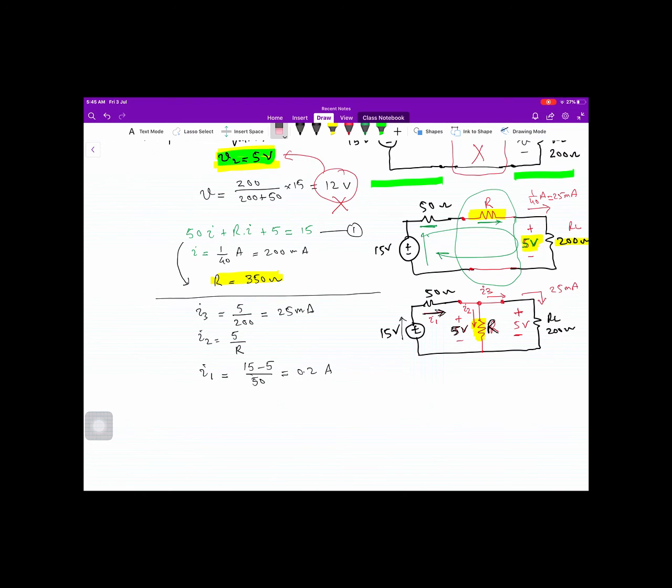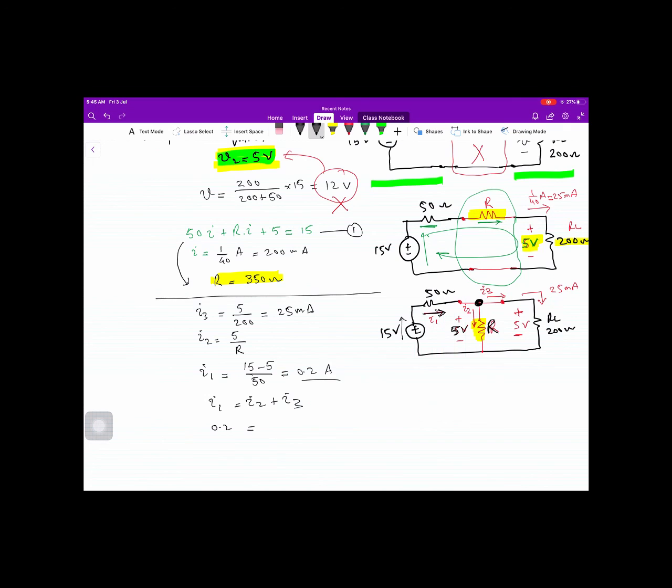And now we see this node. We apply Kirchhoff current law at this node, and I1 is current flowing towards the node, I2 is leaving, and I3 is also leaving. So I1 is 0.2.